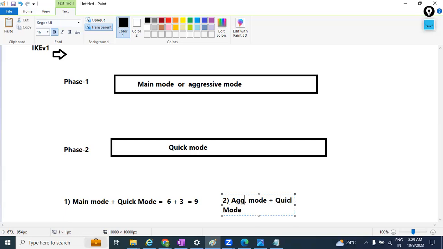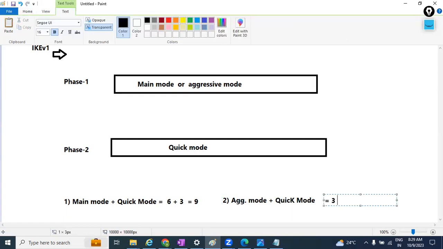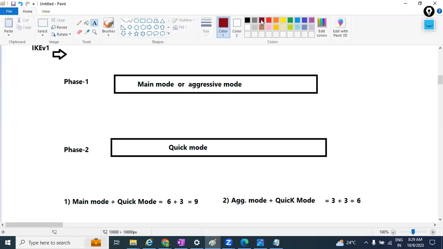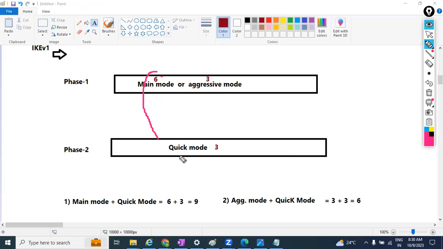Quick has 3 messages, aggressive also has 3, and 3 plus 3 is 6 messages. So main mode has 6 messages, aggressive mode 3, and quick mode 3. If you're using main plus quick, the total is 9, and if you're using aggressive plus quick, the total is 6.